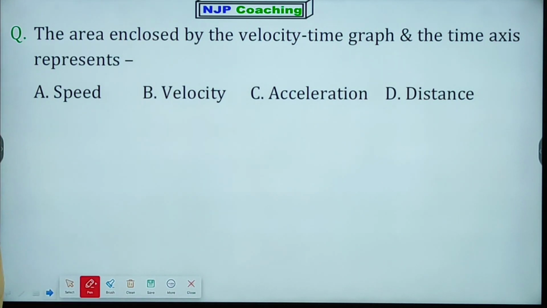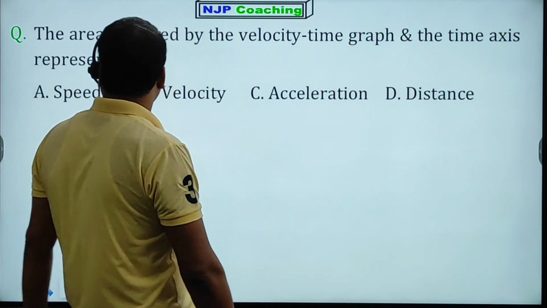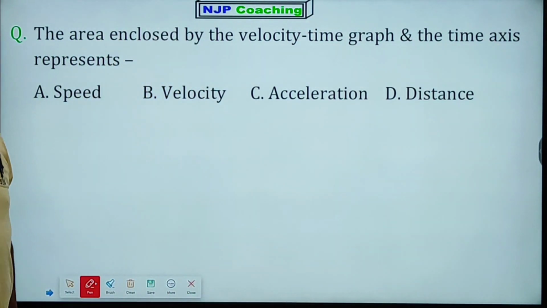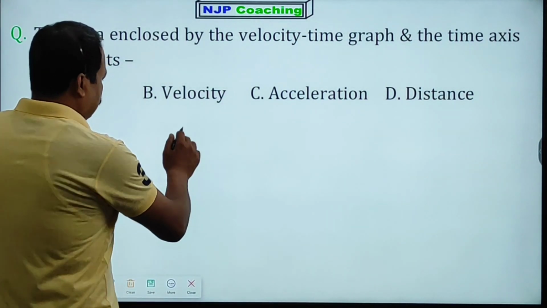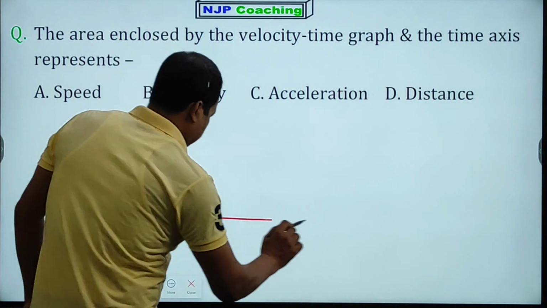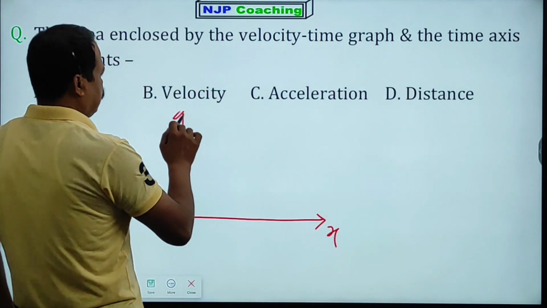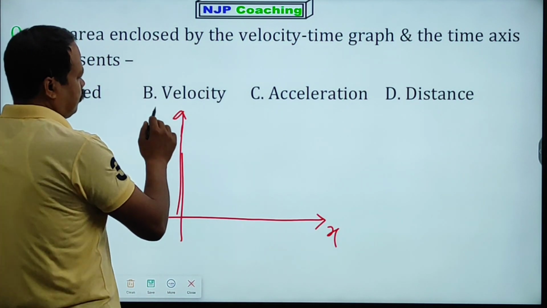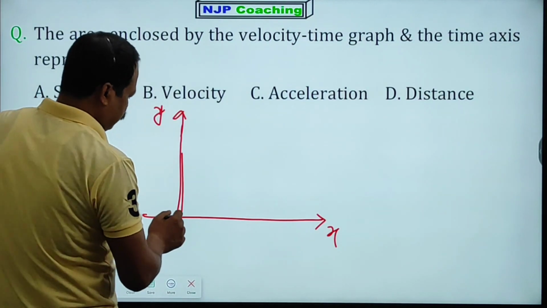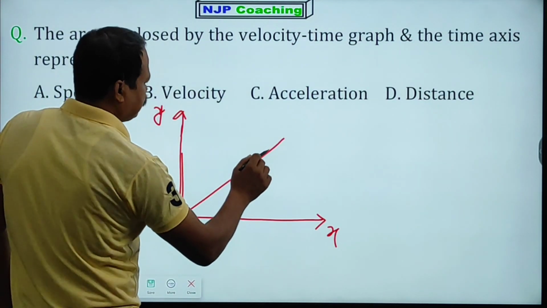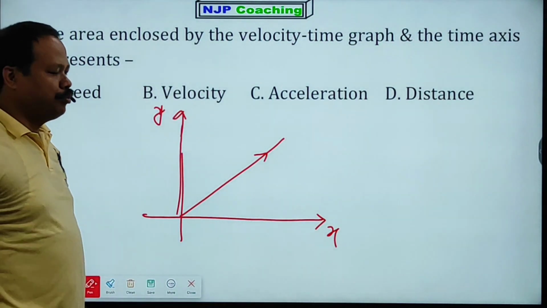Next question. The area enclosed by the velocity time graph and the time axis represents what? Velocity time graph. Simply, this is the time axis and this is the velocity axis. For uniform acceleration the graph is a straight line sloping upward.